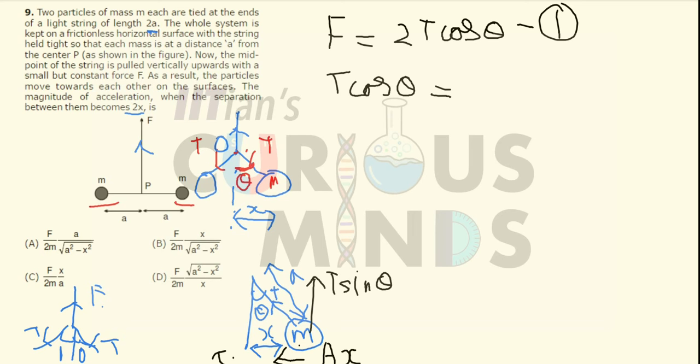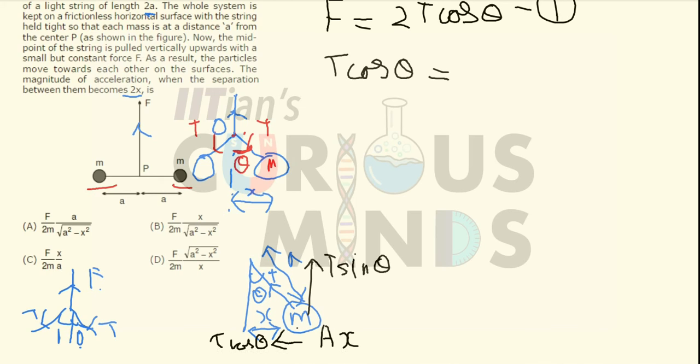The T cos theta will be equal to m into ax, and the T sin theta will be equal to m into ay, where ay is the acceleration along the y axis. I consider this as the y and this as the x axis, the standard axes over here.